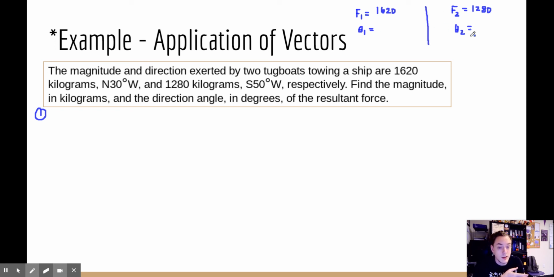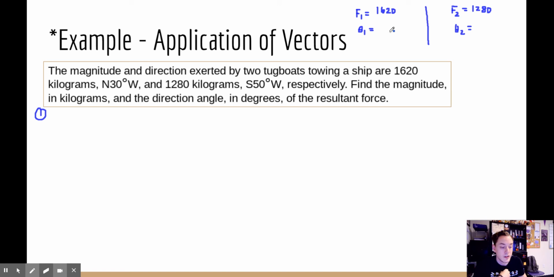This is tugboat 1, this is tugboat 2. I have my magnitude. I need to find my directional angle of that tugboat, but I'm given that directional angle using bearings. So I need to find the exact directional angle for that tugboat, so that I can find the vector.